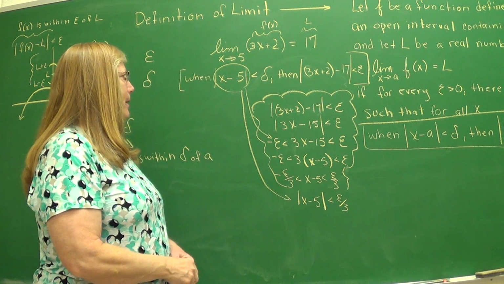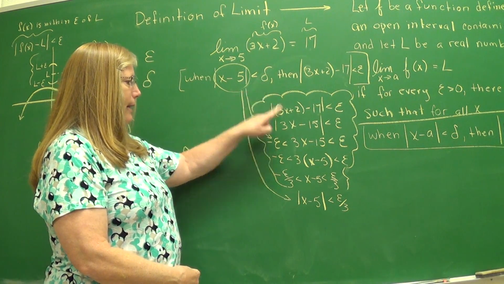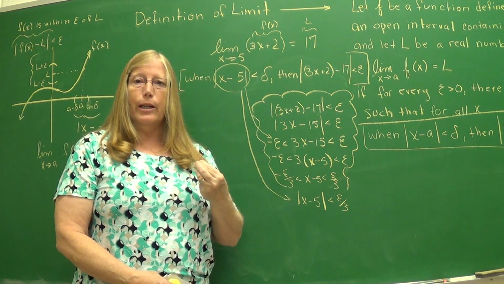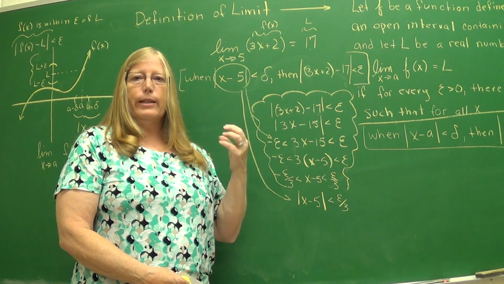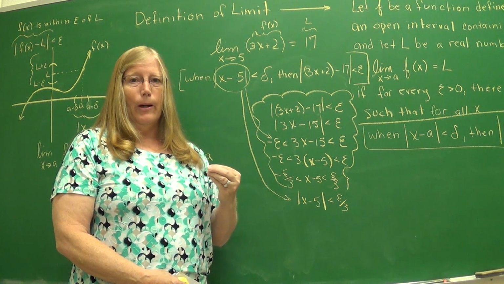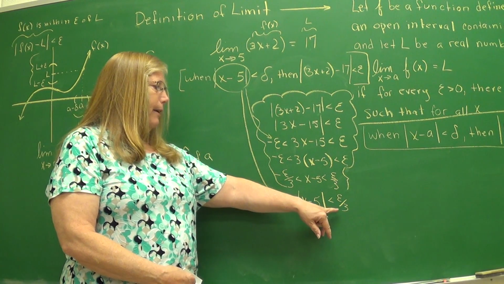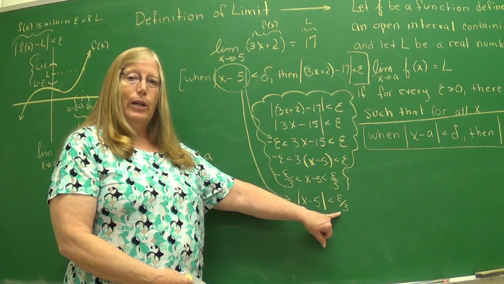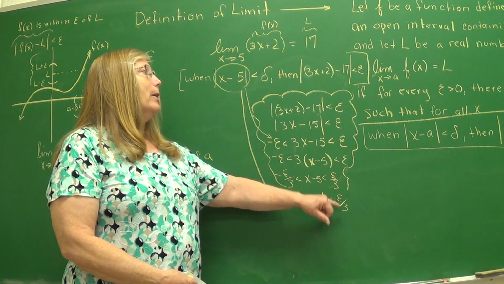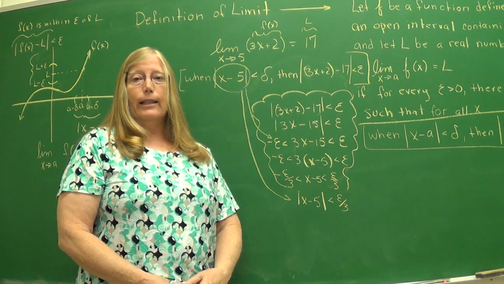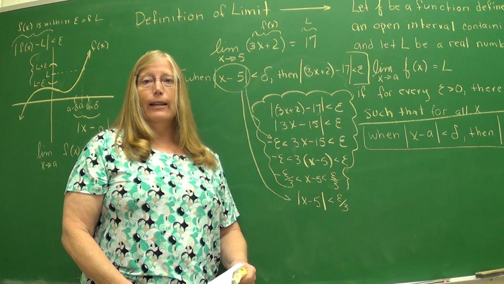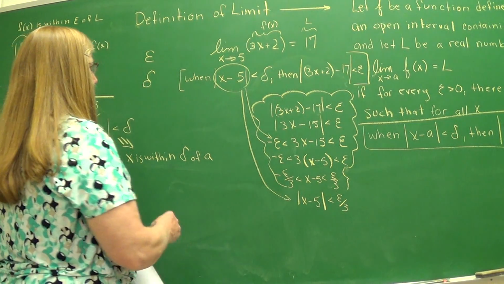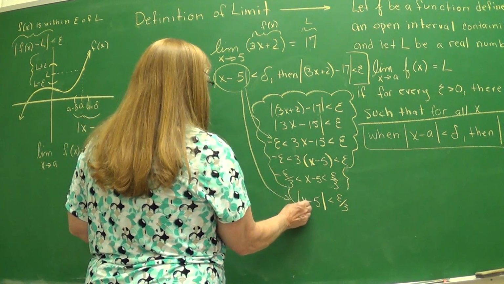So this tells me that I can take delta and call it epsilon over 3. So whatever epsilon you give me, that's how close I want the limit to be, even if it's very small. All I have to do is take that epsilon that you demanded of me and divide it by 3. And it will always get me within epsilon of that limit. So we have proven then that 17 is the limit. So this was our scratch work.